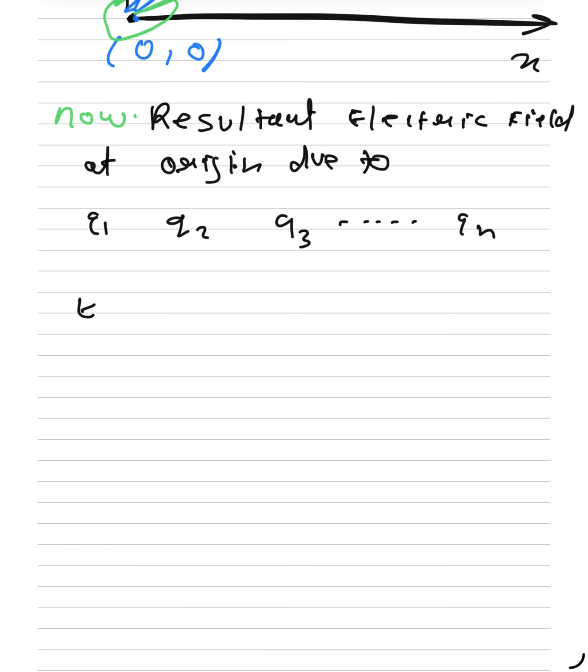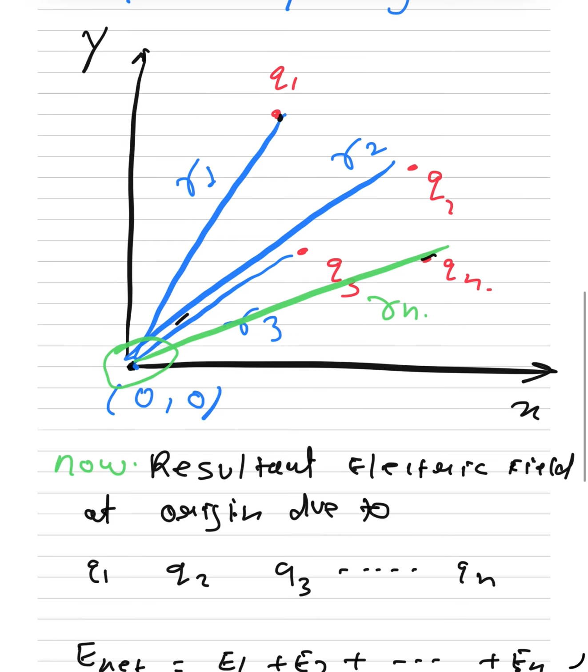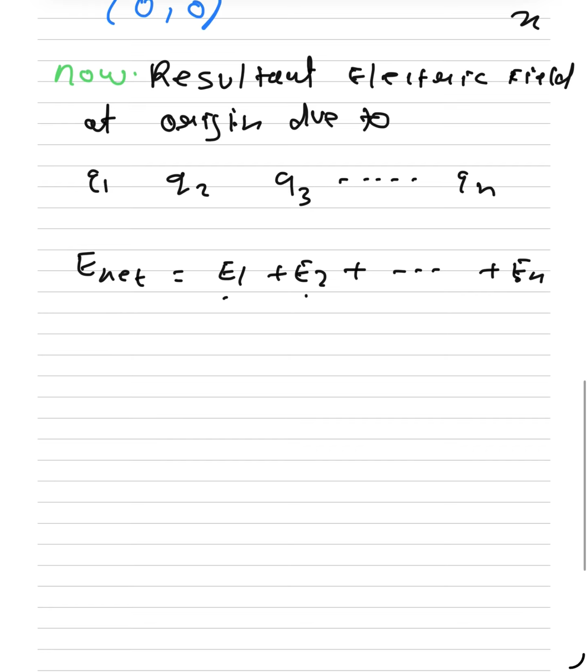Then the net electric field equals E1 plus E2 plus up to En. E1 is the electric field due to q1 charge, E2 due to q2 charge, and similarly En is the electric field due to qn charge, the nth charge.